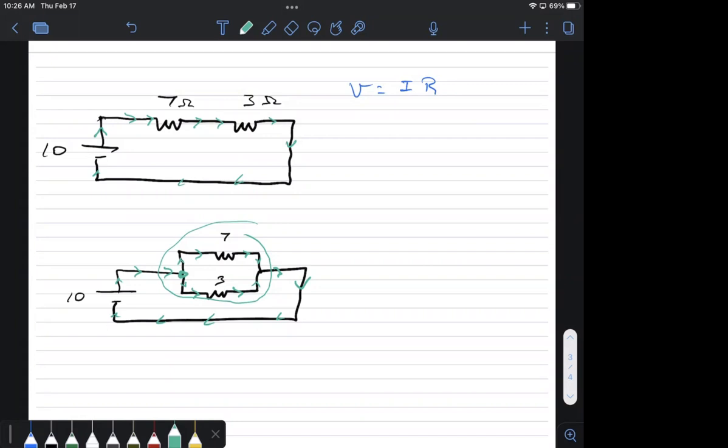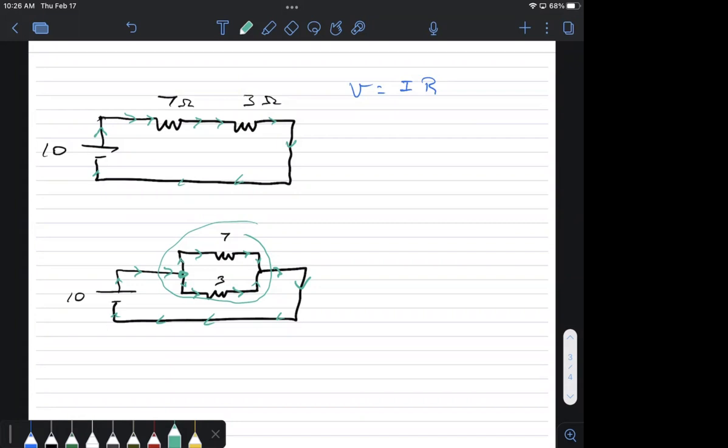And this is where all the complication of circuit analysis comes from. It comes from the fact that if we plug in multiple elements into our circuit, there's different ways of doing it, and each way is different, and each way makes the circuit act differently. The first circuit is going to have a lower resistance than the second circuit.